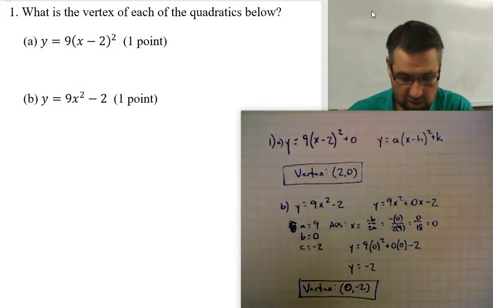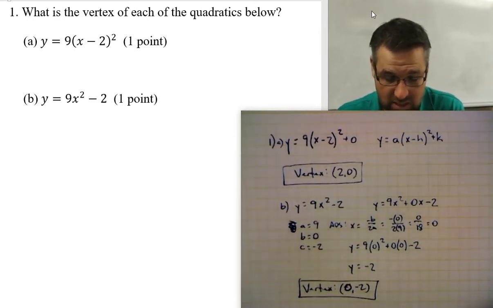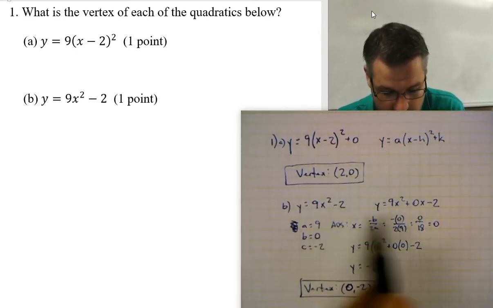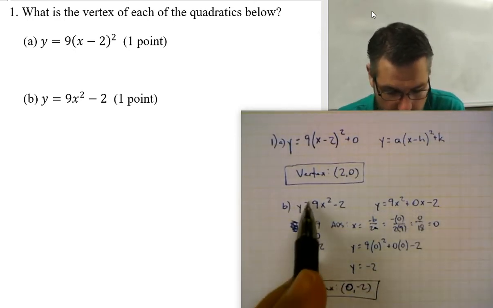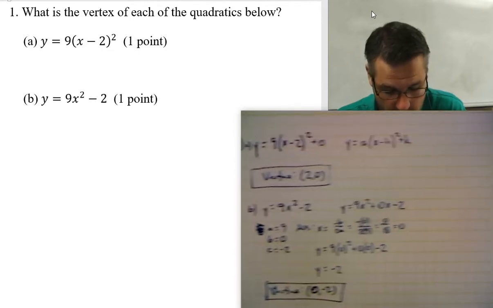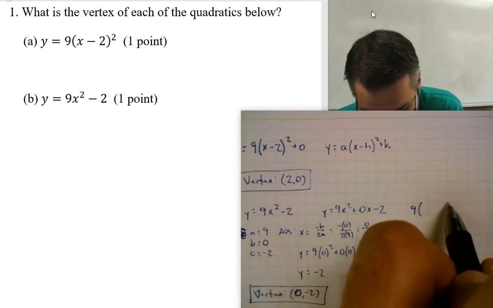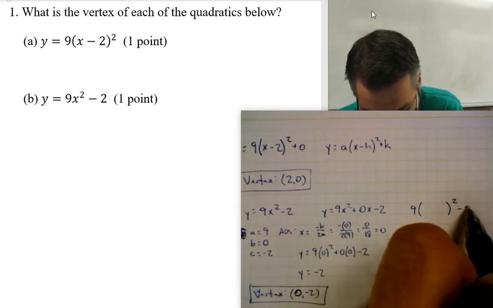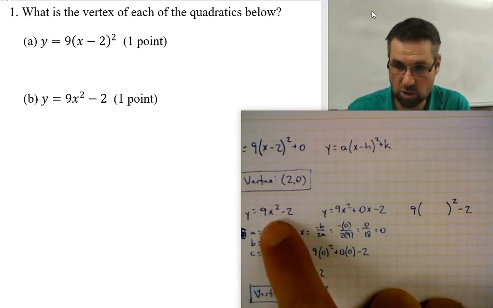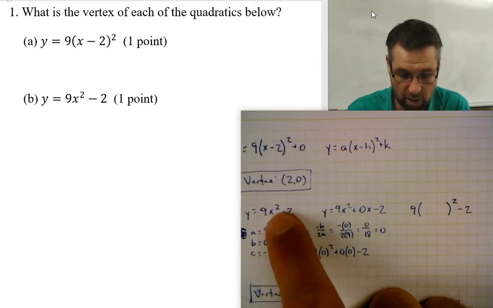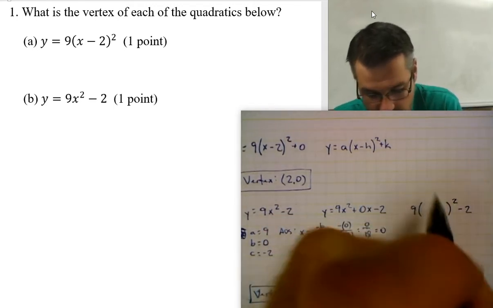Now, pay attention to this because you can also see this in vertex form pretty easily. Because there's no b term, we can view this as vertex form. We could say that this is actually 9 times something squared minus 2. So notice we are squaring something. Well, what is it we're squaring? We're just squaring x.